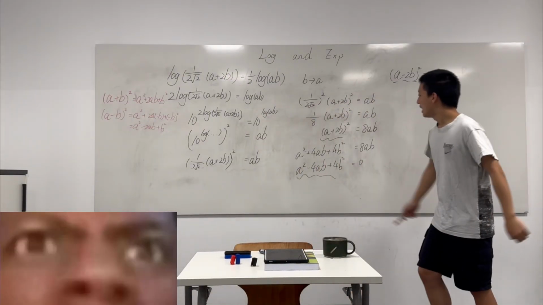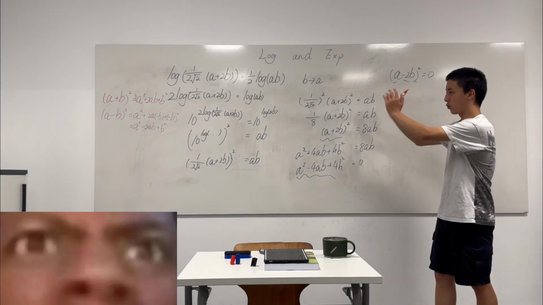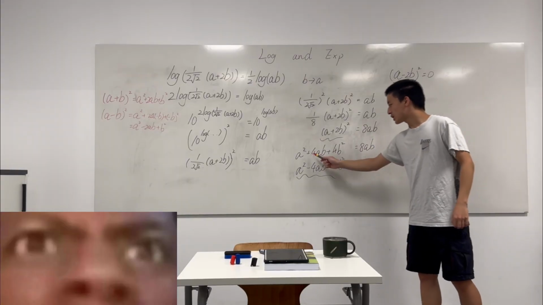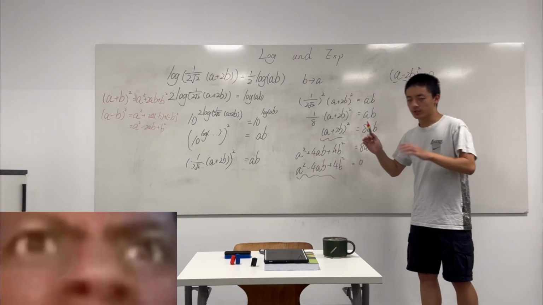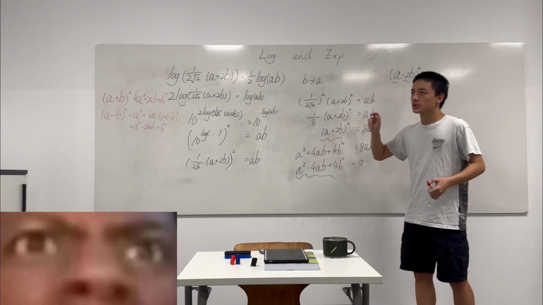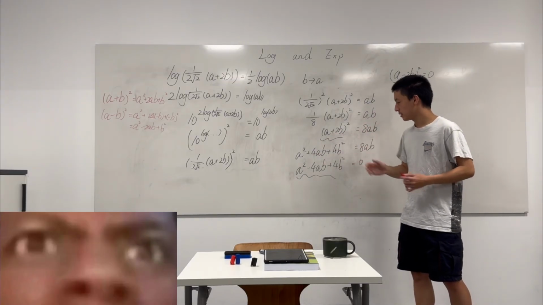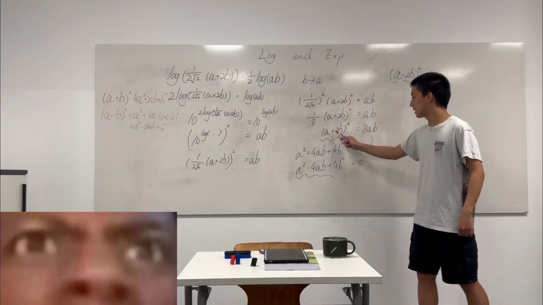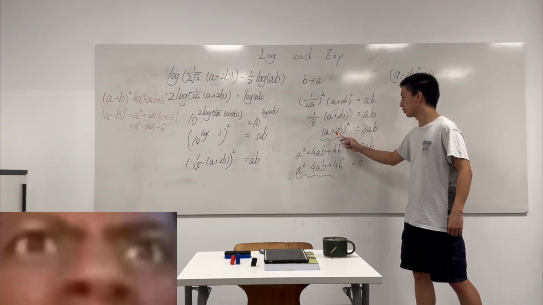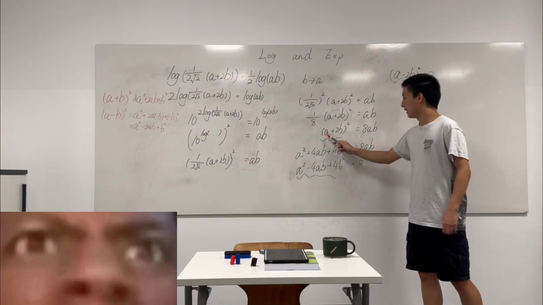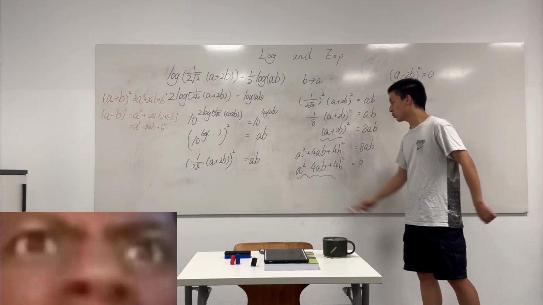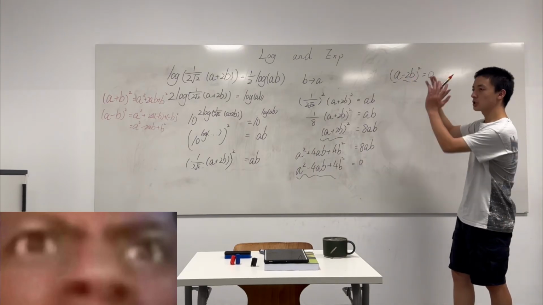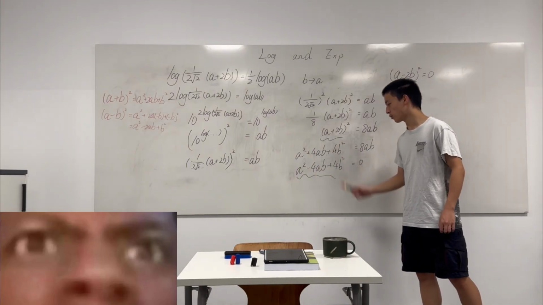So let's see. A plus 2b squared is equal to a squared plus 4ab plus 4b squared. Therefore, if the sign of the second term changes, a squared minus 4ab plus 4b squared, it means the sign of the original binomial will change too. So if a plus 2b squared is equal to a squared plus 4ab plus 4b squared, therefore a minus 2b squared is equal to a squared minus 4ab plus 4b squared.